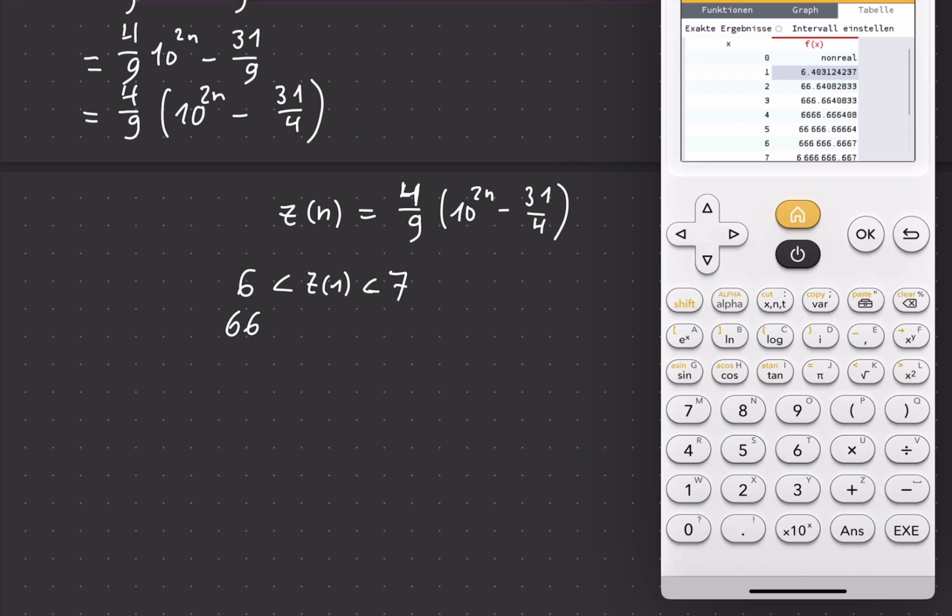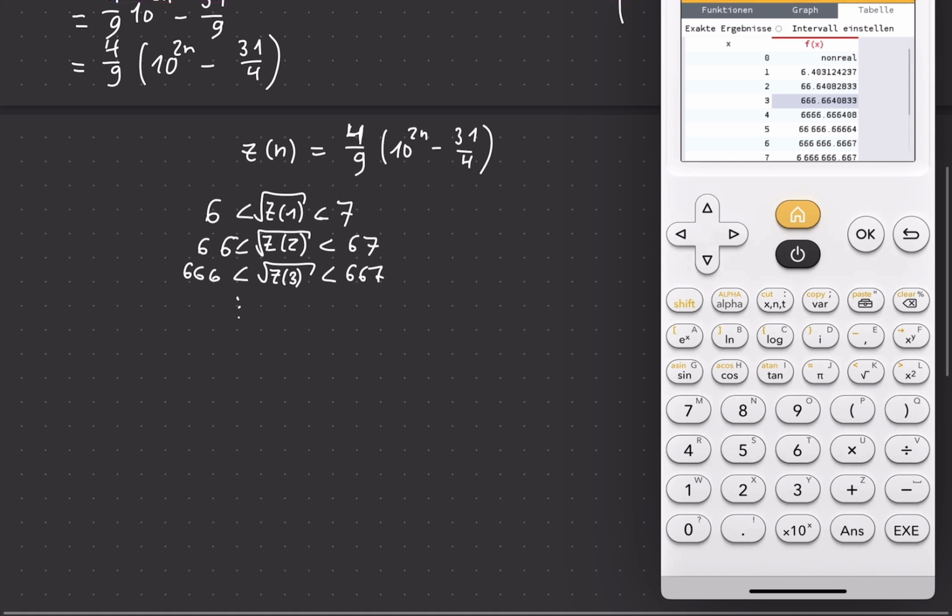Then 6 is smaller than the square root of z of 2, which is smaller than 7. Then for the third, we have 6 smaller than the square root of z of 3, which is smaller than 7, and so on.